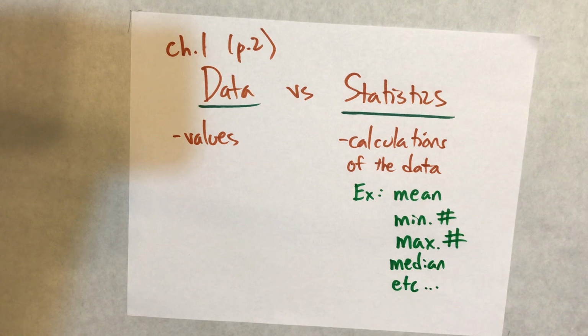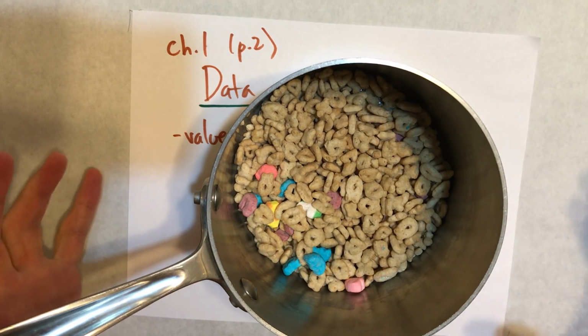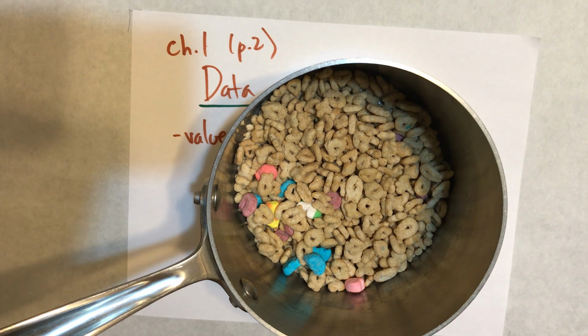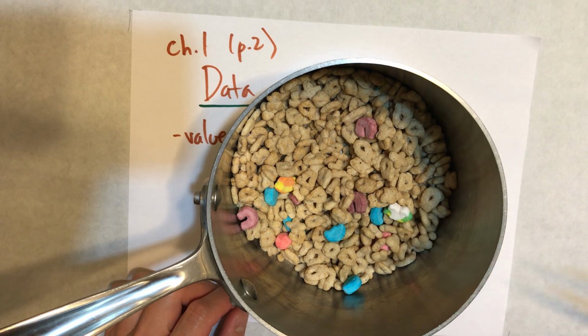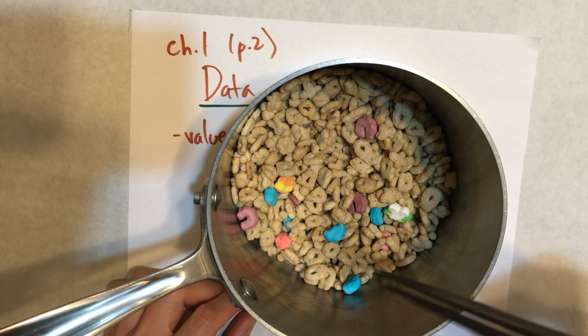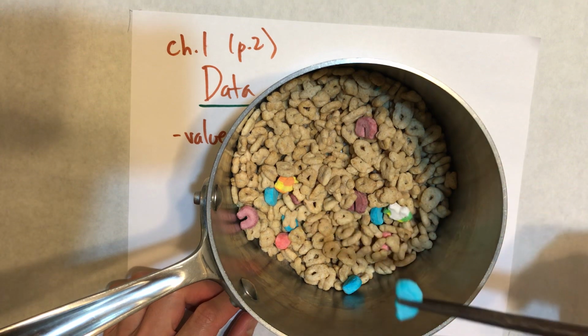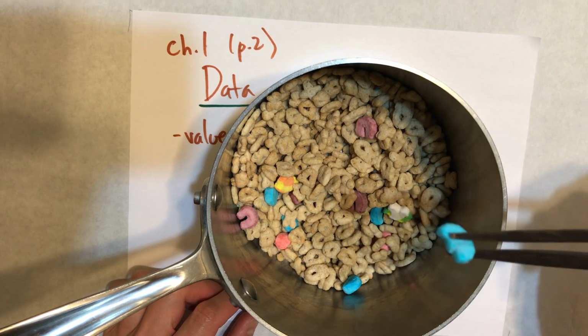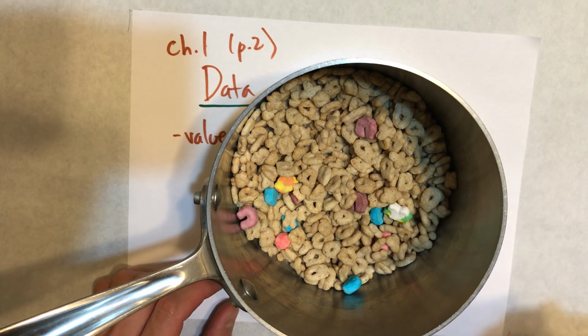So if you're thinking about a pot of food again, right? This would be all of our data mixed together, okay? Now let's say we want to know the number of these blue, I don't even know what they're called, but how many of these things we have in our bowl of Lucky Charms?